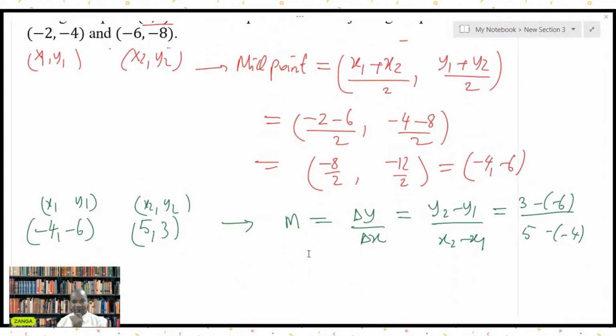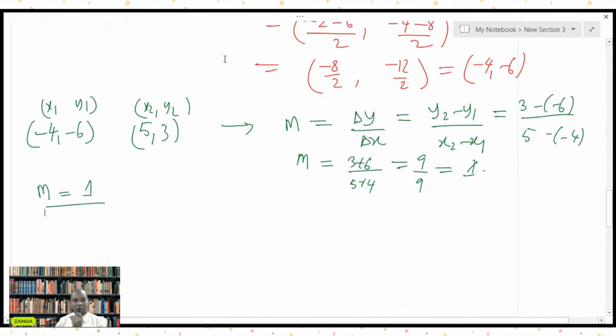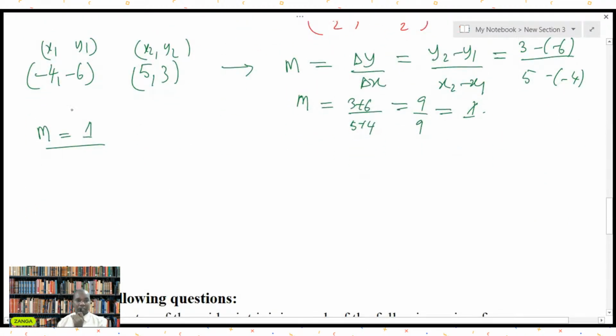So with this difference, now we have slope will be actually 3 plus 6 divided by 5 plus 4. You get 9 over 9, which is equal to 1. So slope equals 1. The fact that we have slope in our hand, now we can use the slope point equation, that is y equals m times x minus x1 plus y1, to get the equation of the required line.